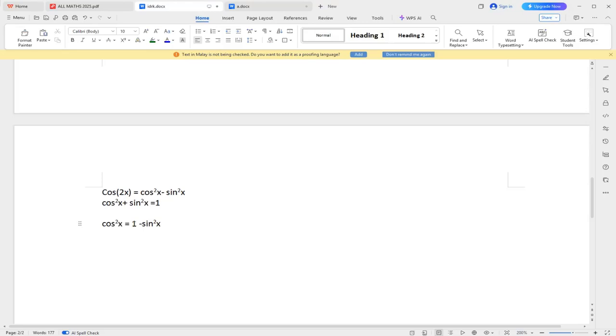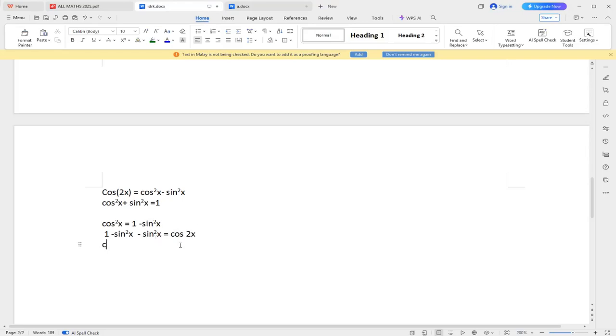And now if you substitute this value of cos squared x back into this double angle identity equation, we have 1 minus sin squared x minus sin squared x is equal to cos 2x.